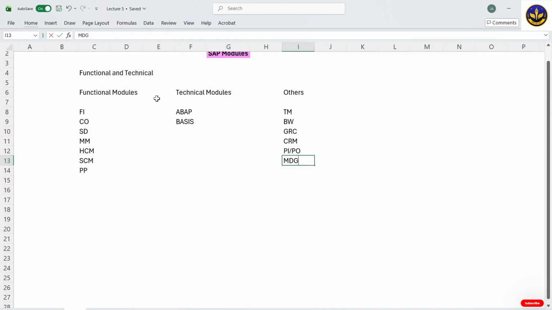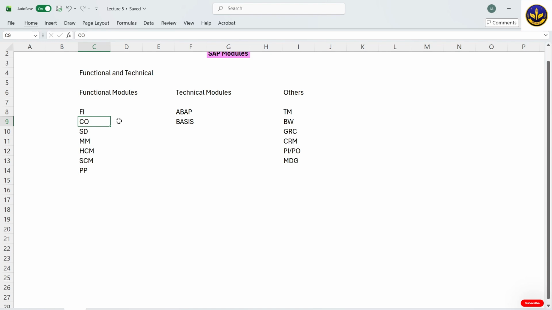Okay, let's briefly understand the roles of these modules. Let's start with the functional modules first, the FI. This is the core module of finance, and there is CO which tracks the revenues and the cost, and these statements are presented internally to the management to control the cost and increase the profit.